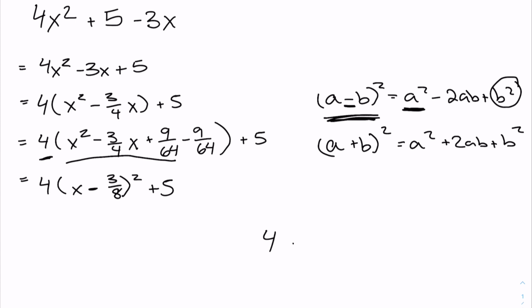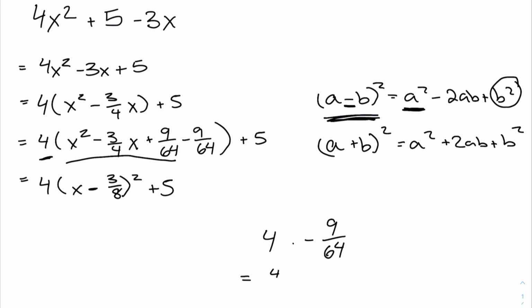So 4 times negative 9/64. Now, instead of just multiplying the numerators together and then dividing by 64 at the end, what we're going to do is start simplifying right away. And that makes things easier and the numbers more manageable.